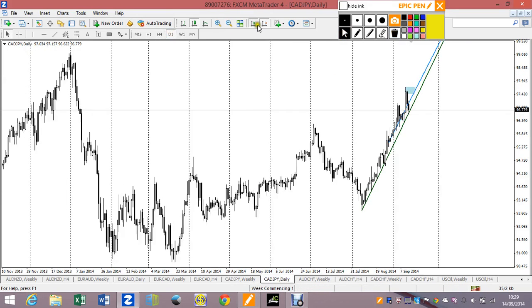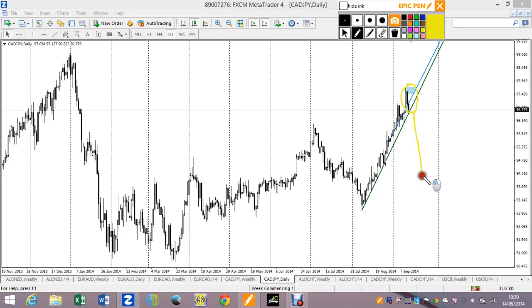What I like about this setup is this on the daily. It's been strong. We've got a nice kind of piercing or dark cloud cover style type setup on the daily chart itself. So this could drop quite quickly.